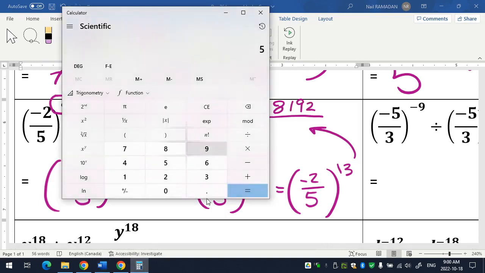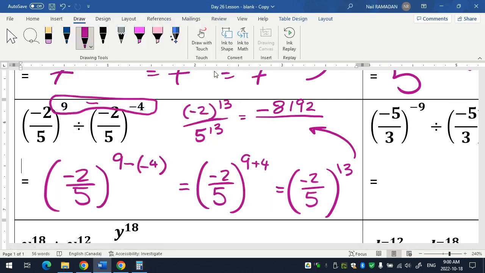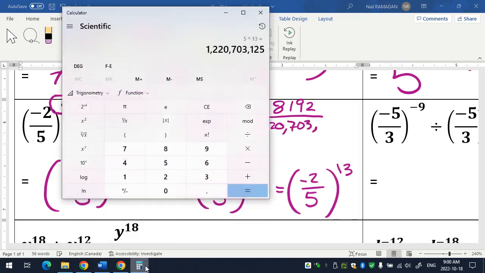Well, that's a big number. 1,220,703,125. Again, this is a worksheet. That's why the numbers are outrageously big. But on a test or a quiz, they're not going to be that big, I promise.